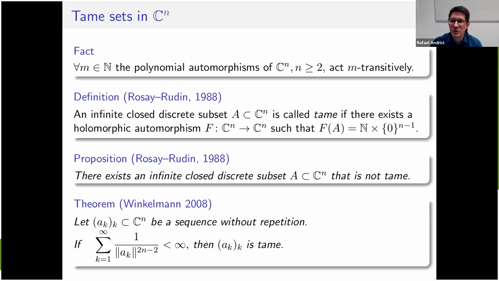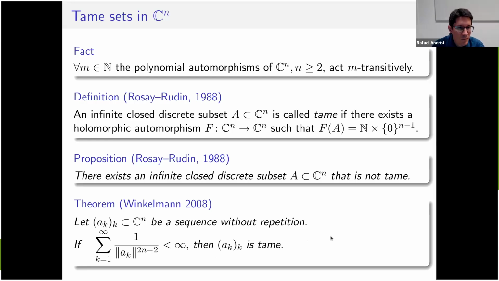There are examples of tame sets that do not fulfill this condition. But nonetheless, it's a very practical theorem, and it gives you some intuition, right? A tame set should escape to infinity fast enough so that this series here is convergent.